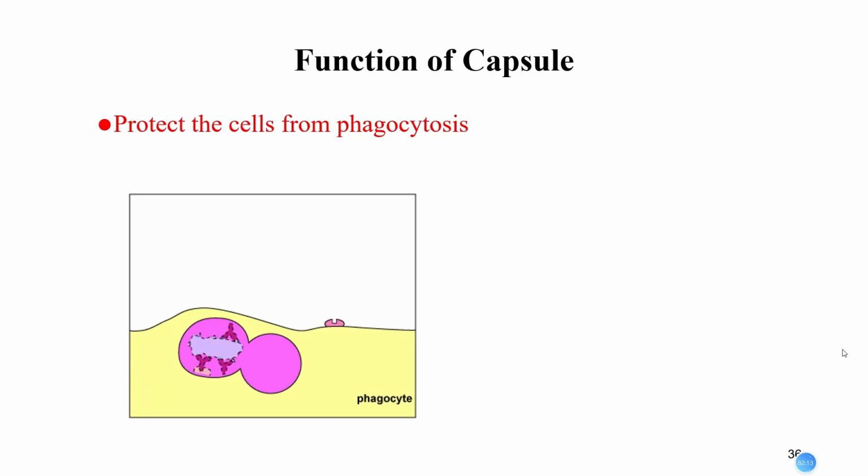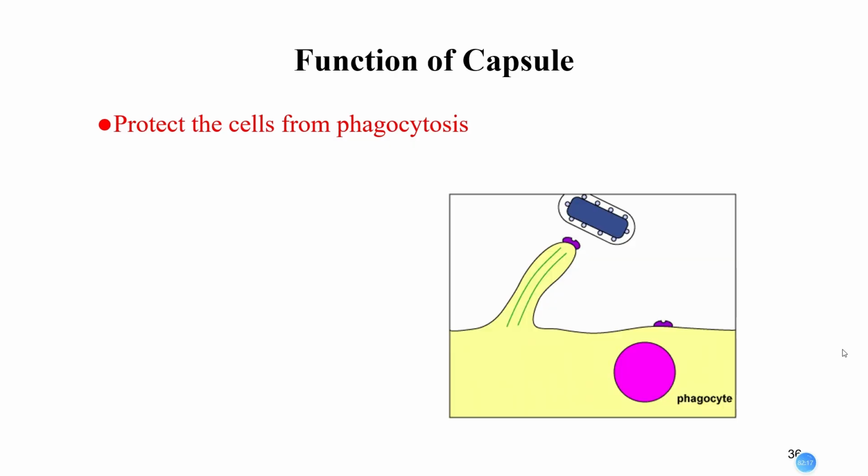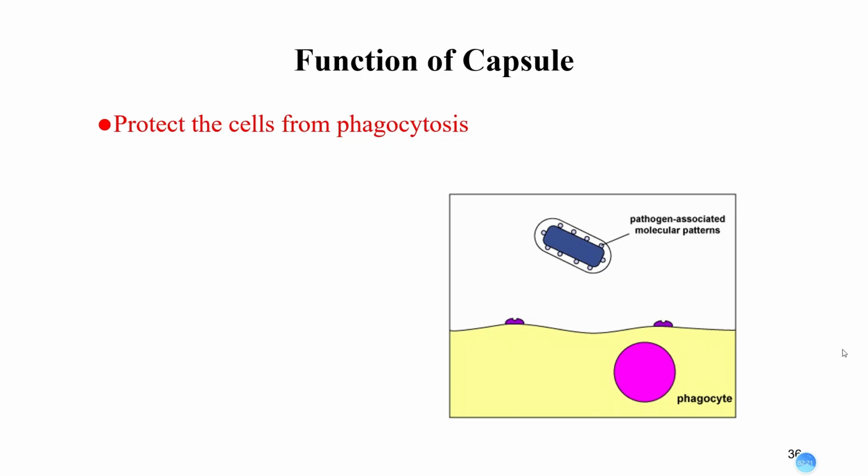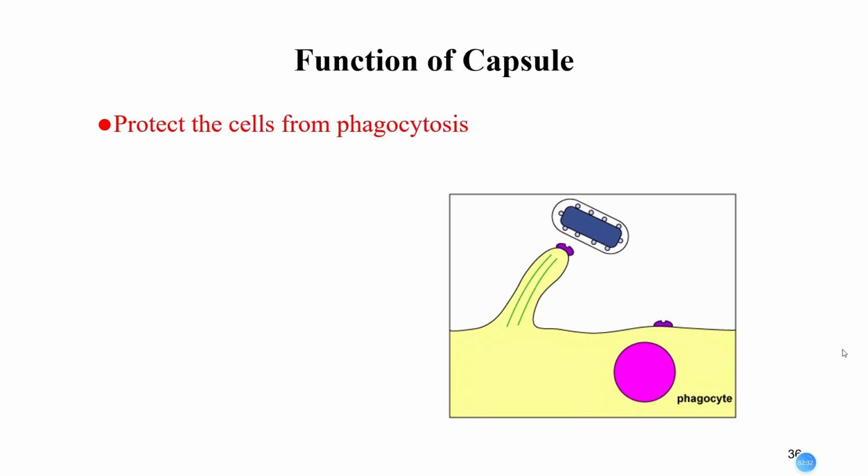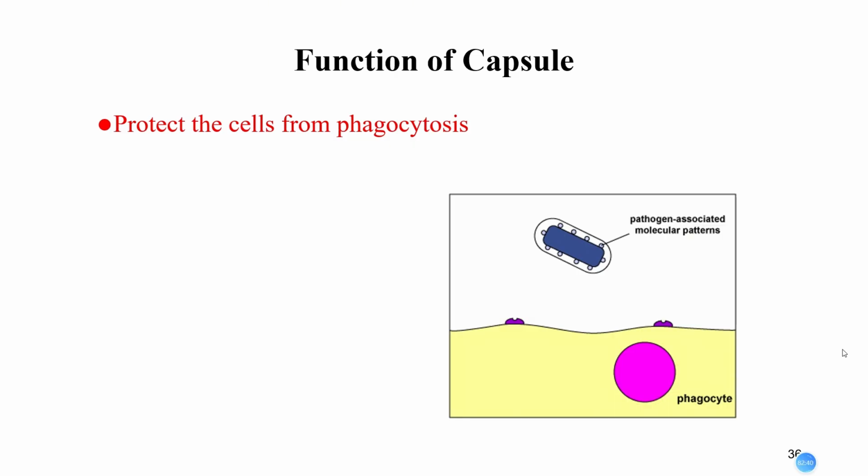But if the bacteria has a capsule layer like this one, the antigen is already covered in the capsule so that the receptor in the immune cell cannot recognize the antigen, the ligand, so that it protects the cell from phagocytosis. It's safer for the bacteria.